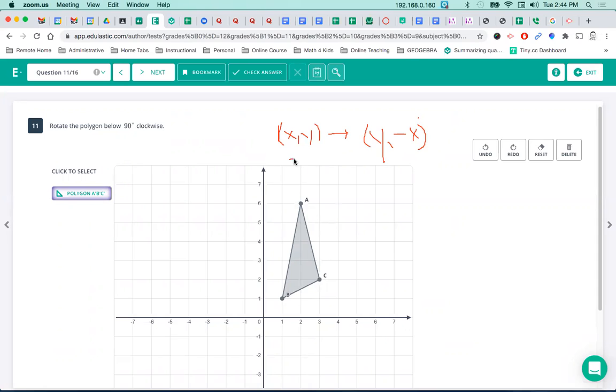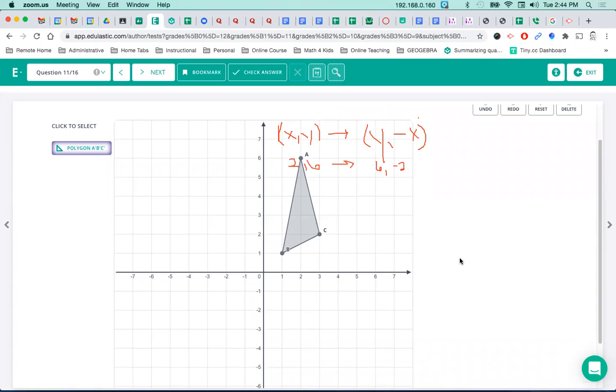Well, 2, 6, that's going to map to, so the y stays the same, 6, but the x becomes the opposite. So that 2 becomes a negative 2. So if I look and see here, all right, 6, negative 2, my new point, or A prime, is going to be here.